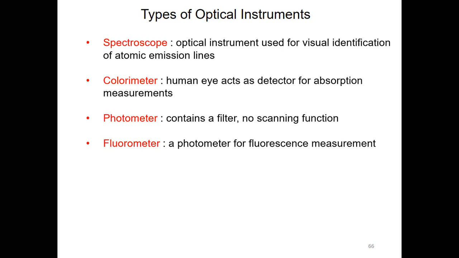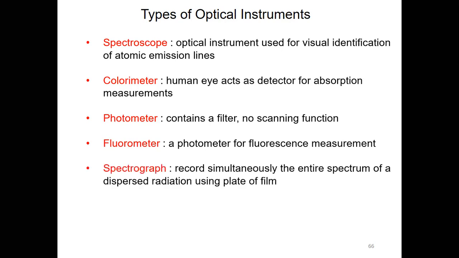You will come across these different terms when you further learn about these techniques. That's why I included them. And spectrograph. A spectrograph records simultaneously the entire spectrum of dispersed radiation using plate or film. As the transducer or the detector, it has a plate or film. So the entire spectrum will be recorded using that one.